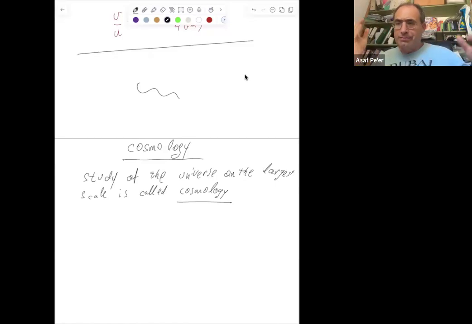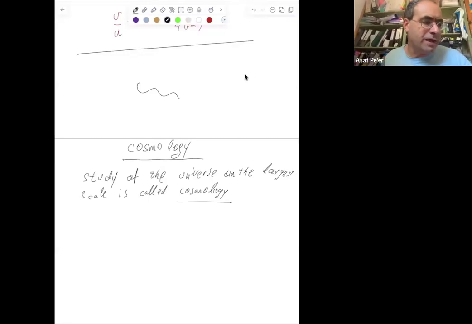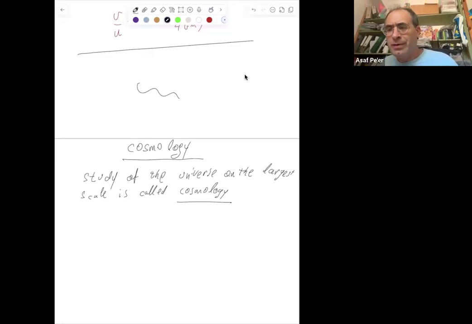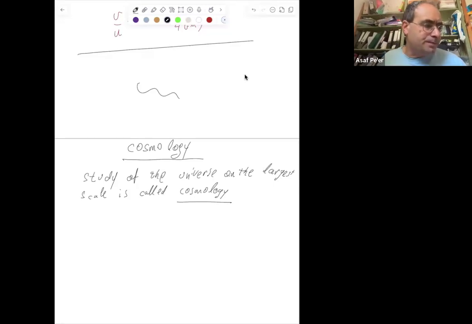What was the great achievement of Copernicus? You mean the statement that we are not in the center of the universe? Exactly. Prior to Copernicus, people believed that we are at the center of the universe and everything is surrounding us. Copernicus was the first to say, actually, we're not. The Earth is orbiting the sun.